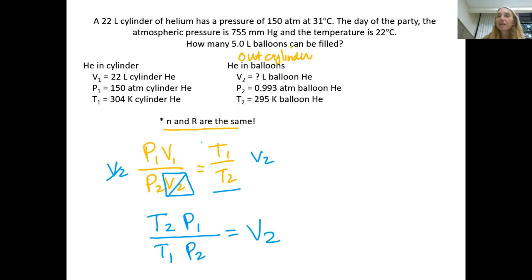It's so much easier to manipulate these variables and then put the numbers in. So V2 equals T2. Oh, I forgot V1. P1 V1 divided by T1 divided by P2. Okay, so far so good.